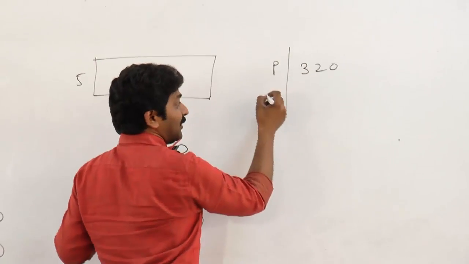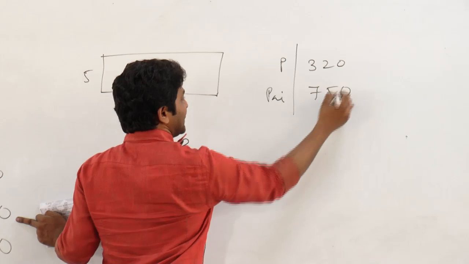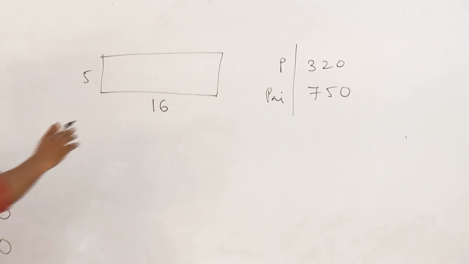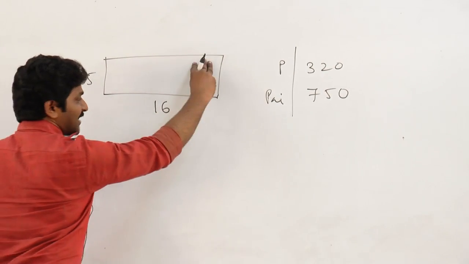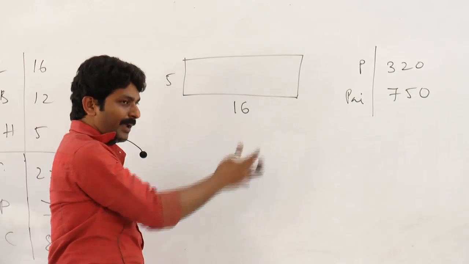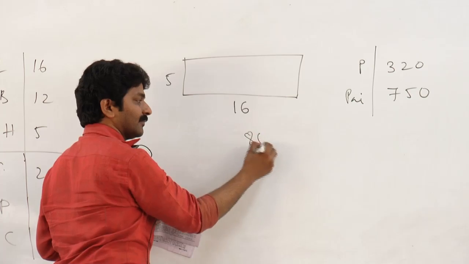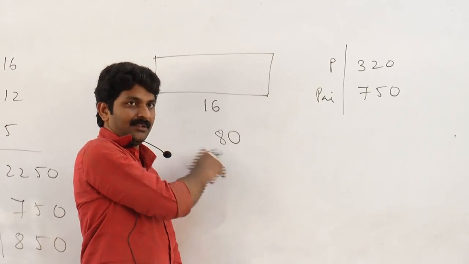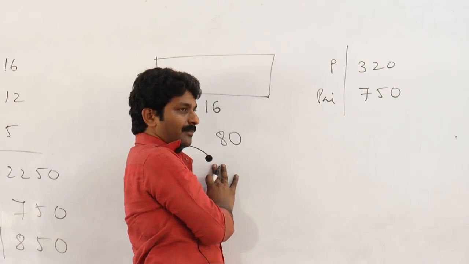And after that you need to go for painting. Painting cost is given as 750. So this is lengthwise and this is height. You need to calculate this area. First of all you need to go for plastering and then painting. What is area? 80. Plastering is to be done for 80 square meters, and painting also for 80 square meters.